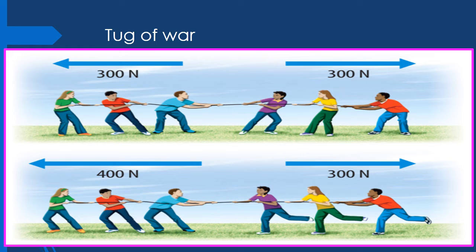While if you see in the second one, again the two teams are pulling the rope in the opposite direction, but then the magnitude of both the teams are different. The team towards the right has a magnitude of 300 Newton, while the team towards the left has a magnitude of 400 Newton.